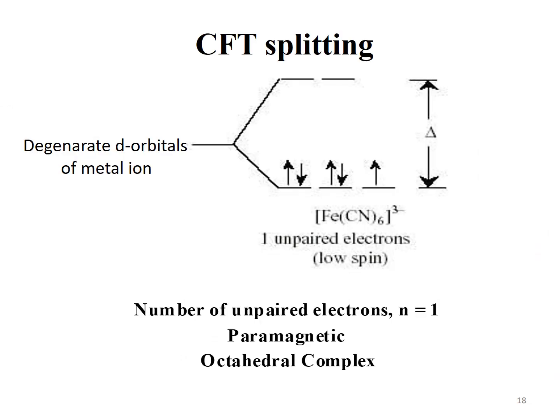This is the description of the same complex, but according to CFT, the degenerate d orbitals of metal ions. This line is showing that all the orbitals are at the same energy level, but when ligands approach the central metal atom, in case of octahedral complexes, the ligands come along the axis.